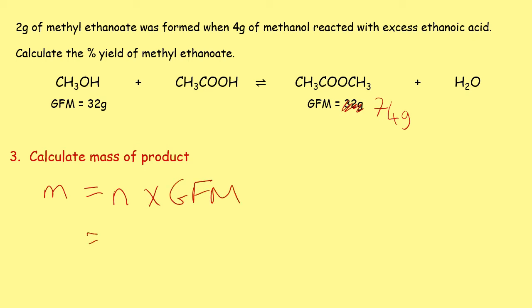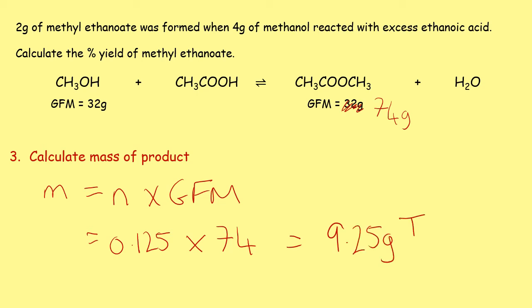Our number of moles is 0.125 from our mole ratio, and then we've got 74 here. And whenever we do this, we end up with 9.25 grams. That is our theoretical. Okay, so if you had to calculate it, it's your theoretical. So we have 9.25 is our theoretical yield.